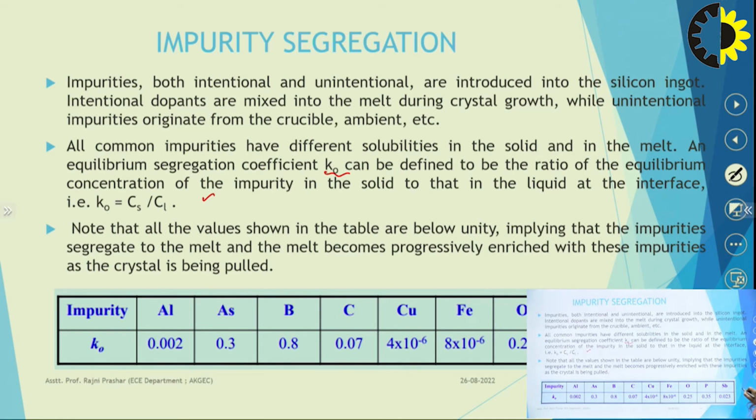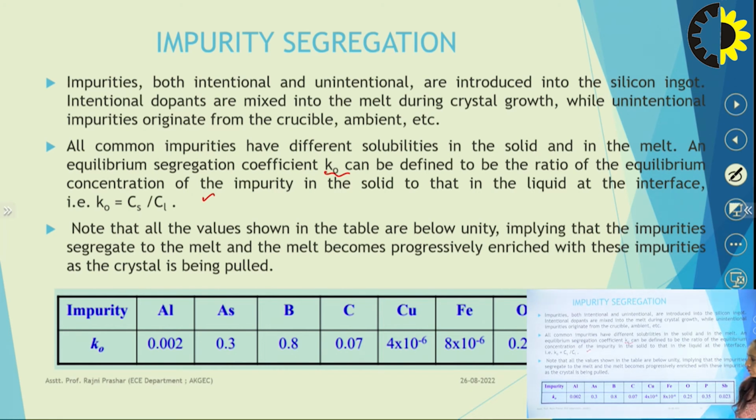In this table we can see that all the values are below unity, which implies that the impurities segregate into the melt and the melt becomes progressively enriched with the impurities as the crystal is being pulled. The impurities will be segregated in the melt easily, and as a result they will easily pass to the silicon ingot.